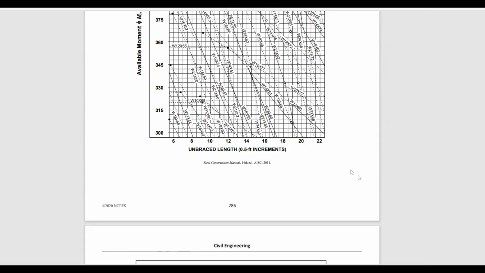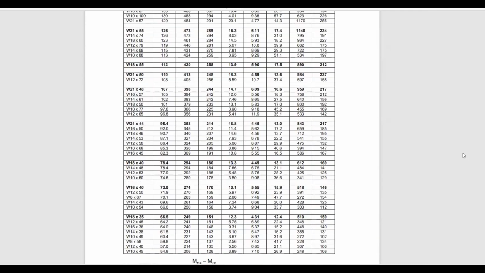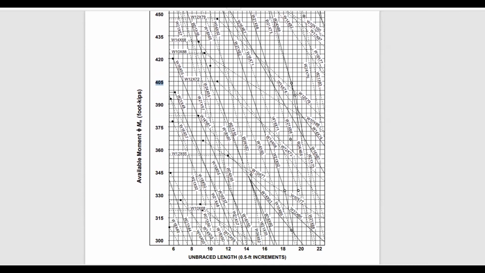Let me move this page in such a way that I'm able to see. Hold on, there you go. So I take this span and go from 10, in a straight line, well, that's not very straight, all the way up until I intersect with 405.